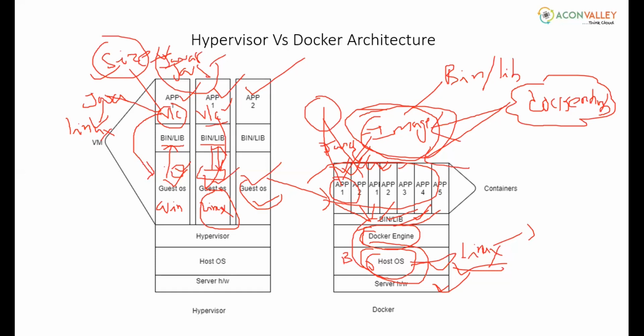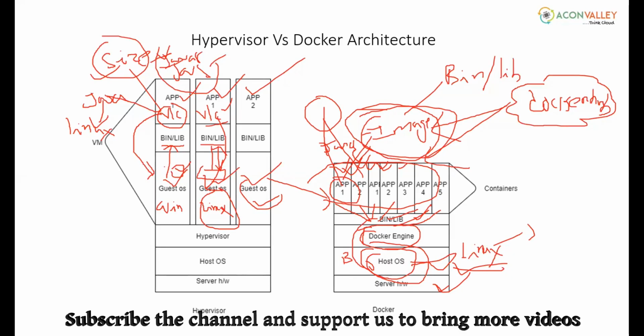Because a hypervisor needs different machines to run the different versions. In a single machine you cannot install both versions, but in Docker you can, because it is not related to your OS. It is related to your image, which is separate from each other. And when you run that image in Docker, it becomes a container.